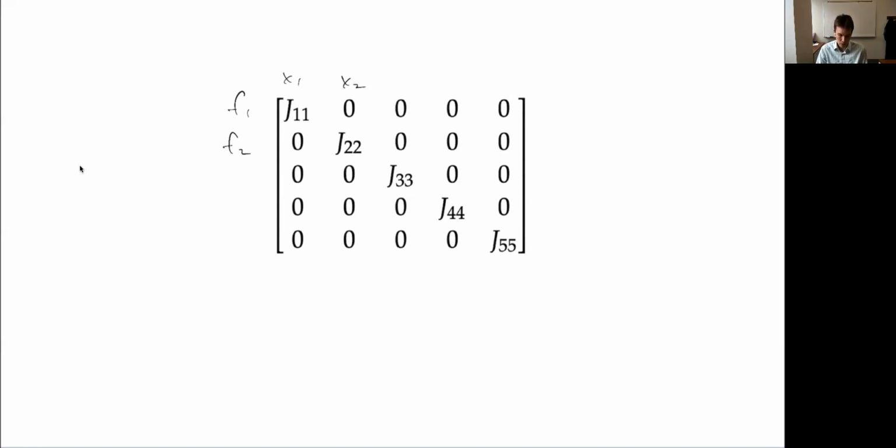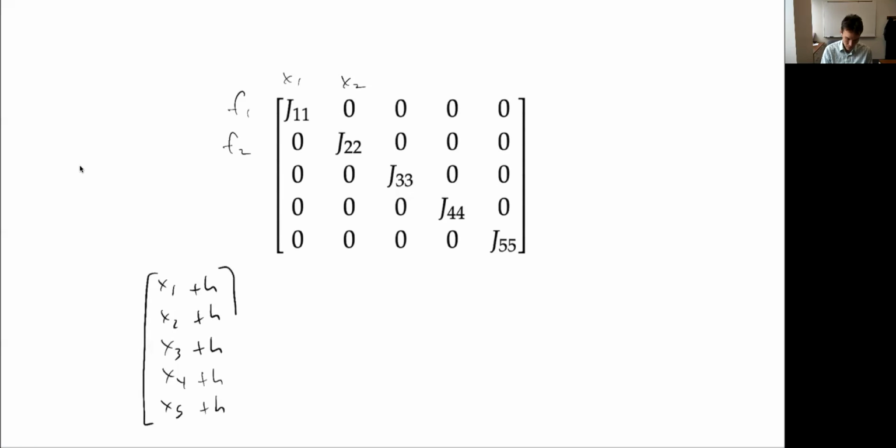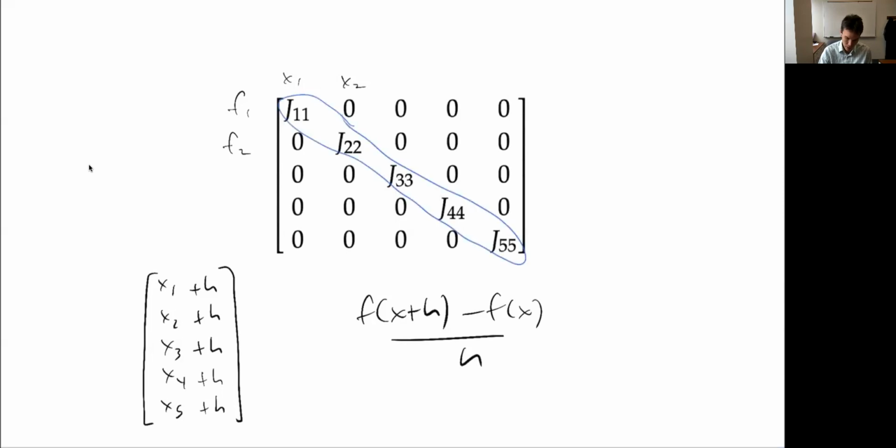So instead of having that vector x1, x2, x3, x4, x5, where I add h one at a time, I could add the step size to all of them at once. And then I could just do f of x plus h minus f of x over h, and I could get all 5 of these at once because these are independent.